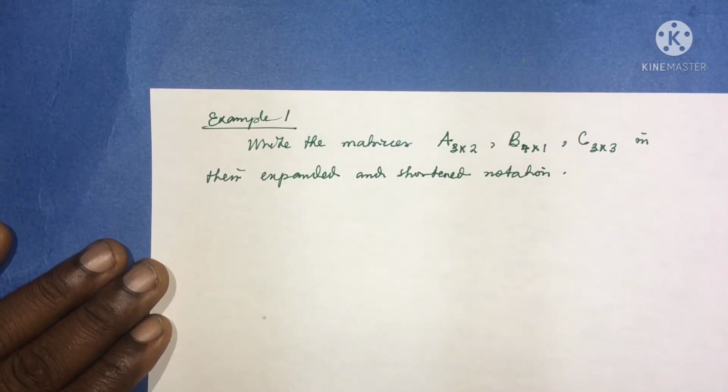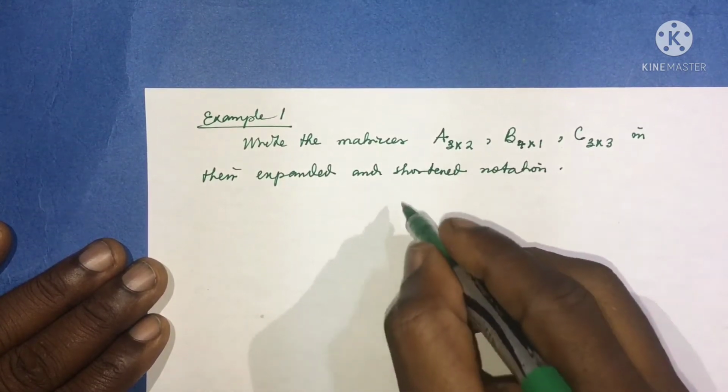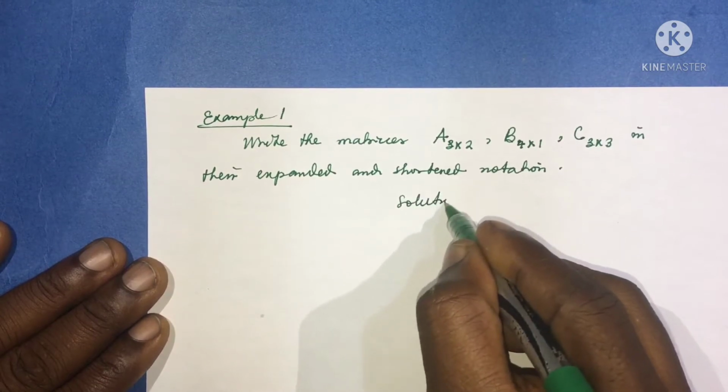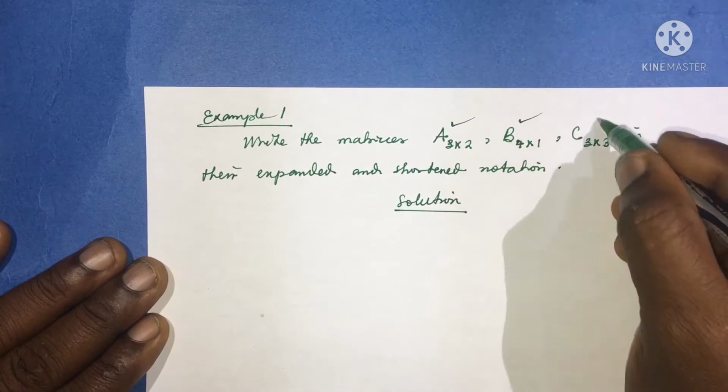Take note, this is more or less a demand to write the abstract matrices, or the general matrices, of these ones, A, B, and C.